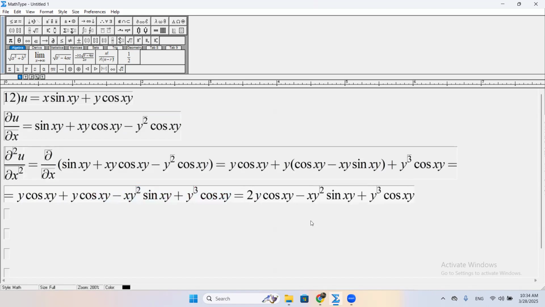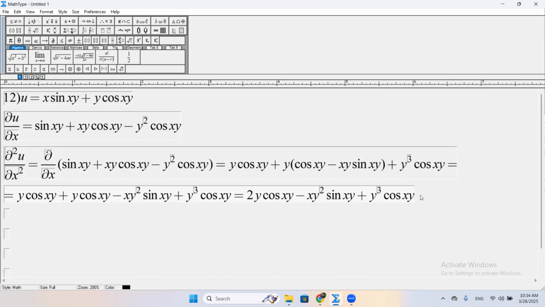So 2y cosine of xy. And actually that's it. Yeah, we can also move y out of brackets, but we really don't need to simplify this expression somehow because we don't need to do anything else.